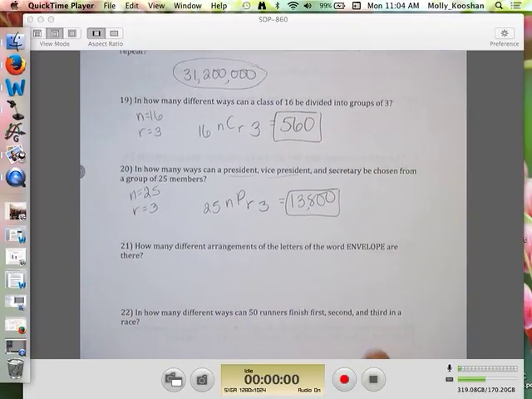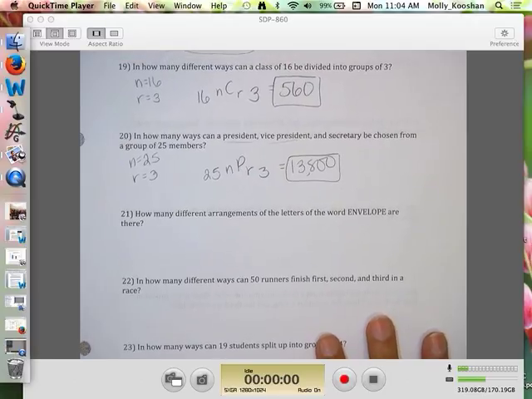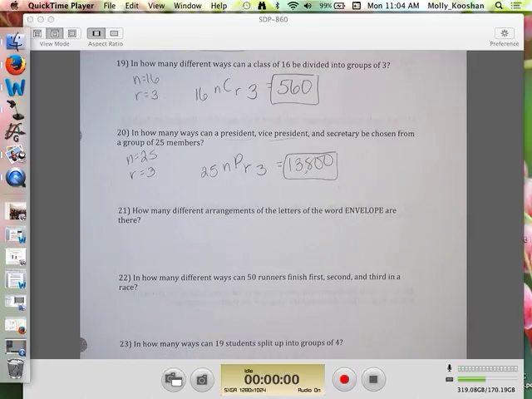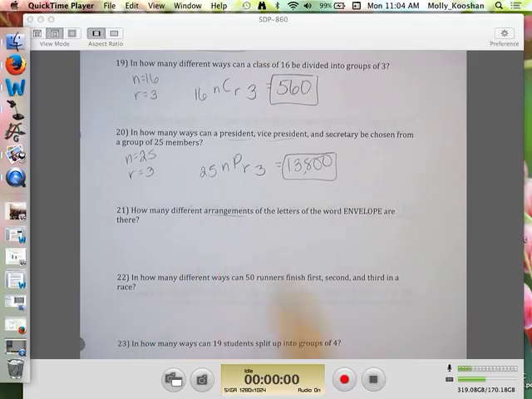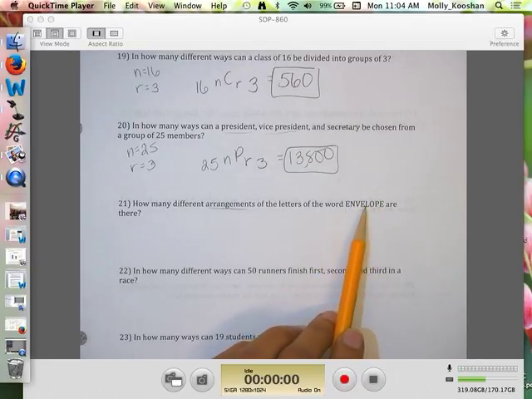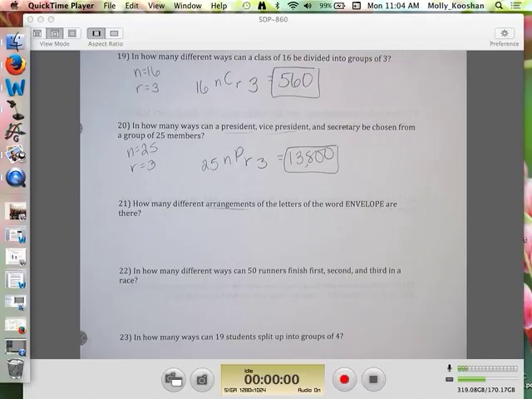All right. In number 21, how many different arrangements of the letters of the word envelope are there? So, arrangement means the ordering matters, okay? This is one of those problems where one element shows up more than once in the group. So the letter E, for example, shows up more than once. So this is a distinguishable permutation.